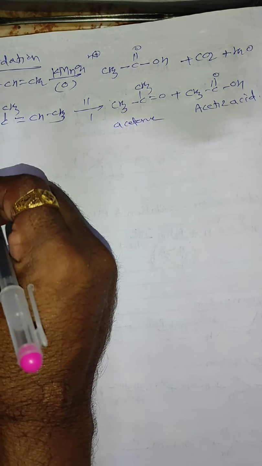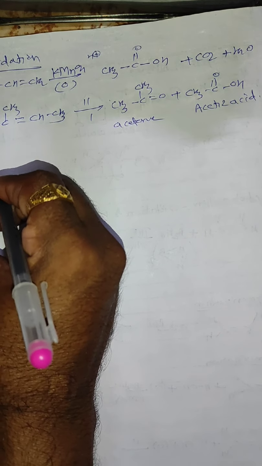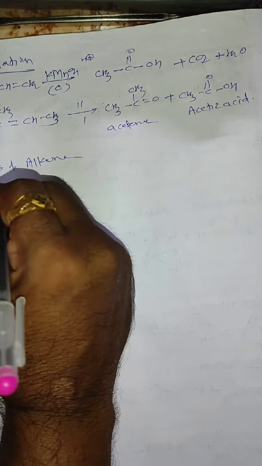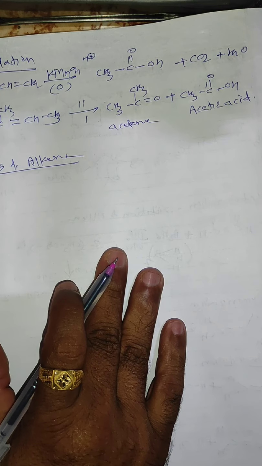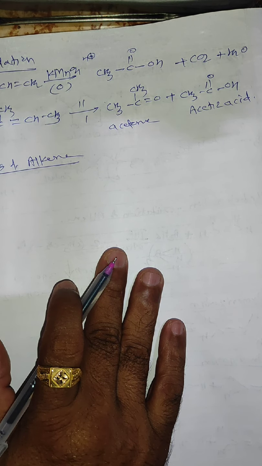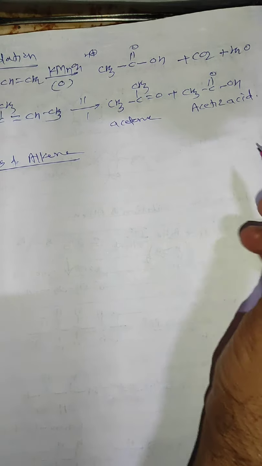Similarly, the last point, uses of alkene. First, alkenes are used as a starting material for the preparation of alkyl halides, alcohols, aldehydes, ketones and acids.